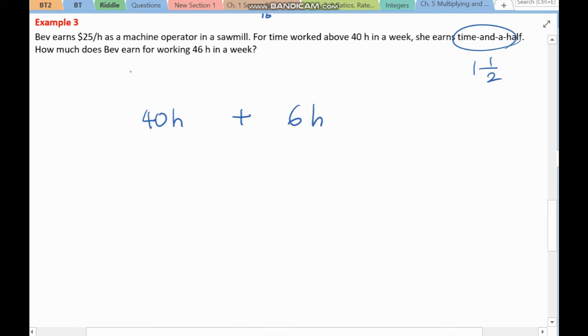For 40 hours, she earns $25 per hour. So we can just multiply 25 times 40. And for the extra 6 hours, she earns 1.5 times more money. So you're going to multiply 25 by 1 and 1 over 2, times 6 hours.